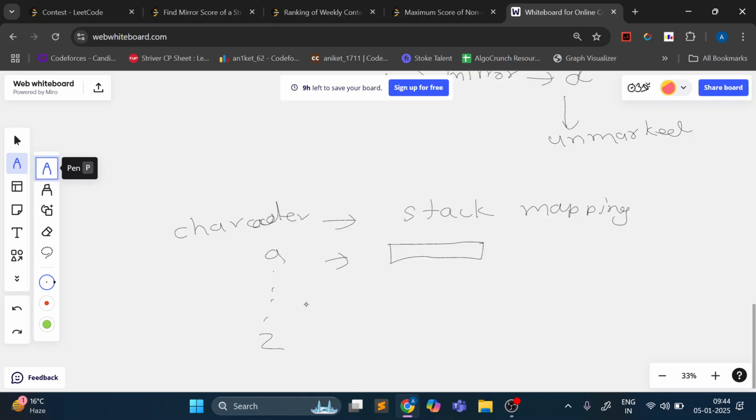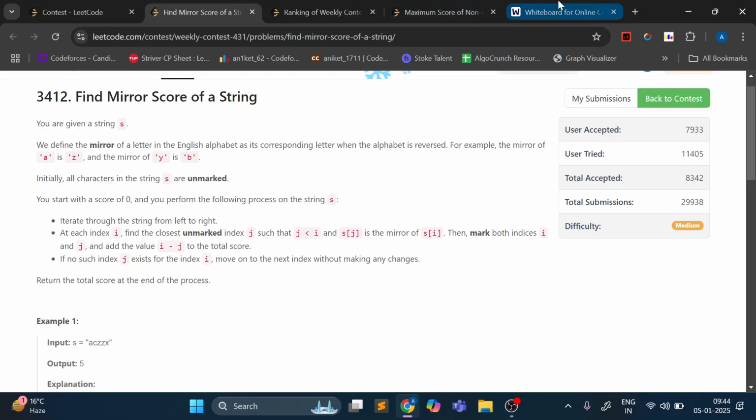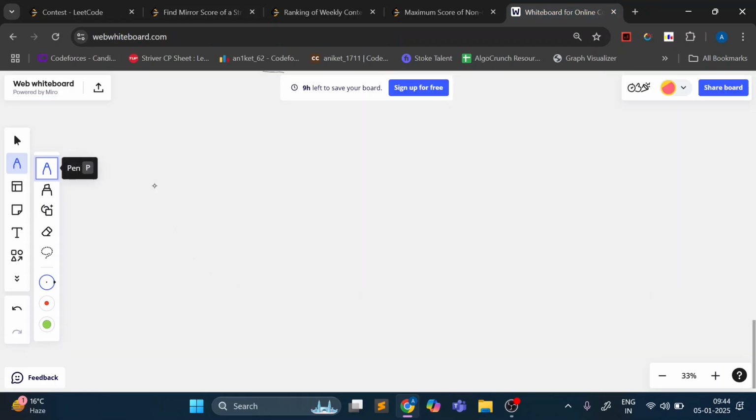We will maintain a stack, and the stack top will be the closest index, or the most recent index at which we found it. So let me just show you with one example.